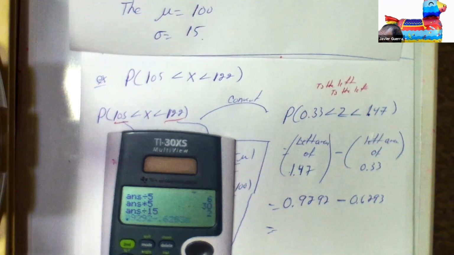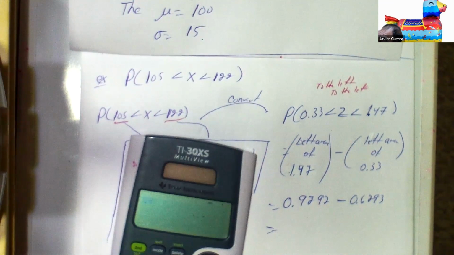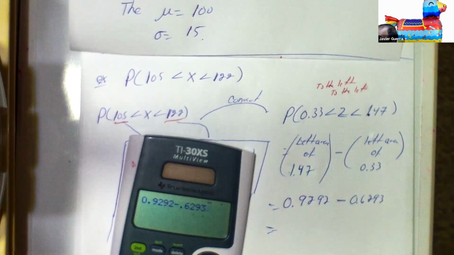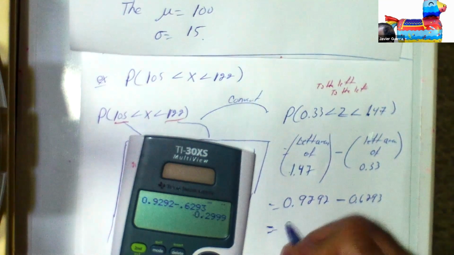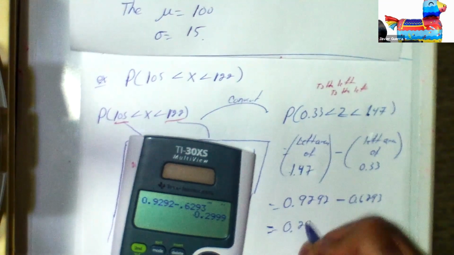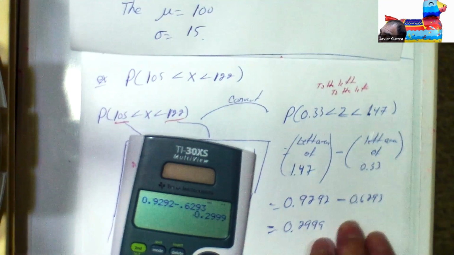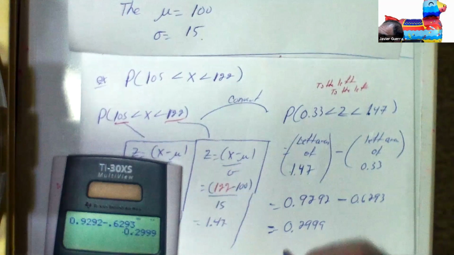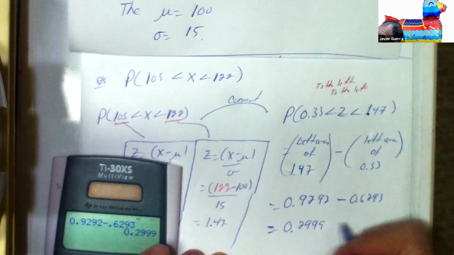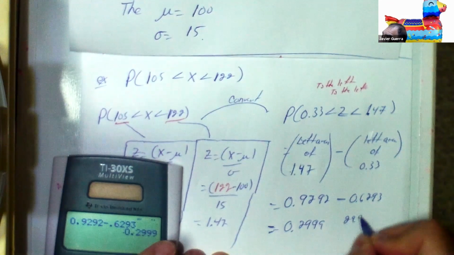0.29. Wow, interesting. 999. Huh. So 29.99%. Wow, that's weird. I didn't think that was gonna happen.